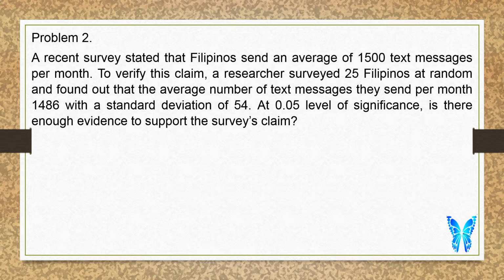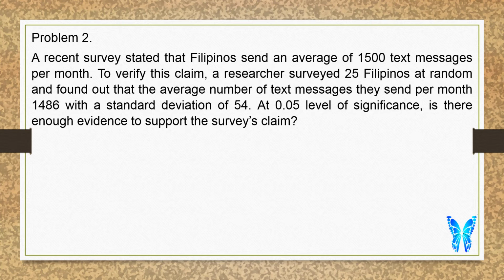In this type of problem, this is referring to a non-directional test, because there is no keyword here that would help us identify a directional test, like, for example, above, below, less or more. Those are the words we identify from the problem if it is directional.